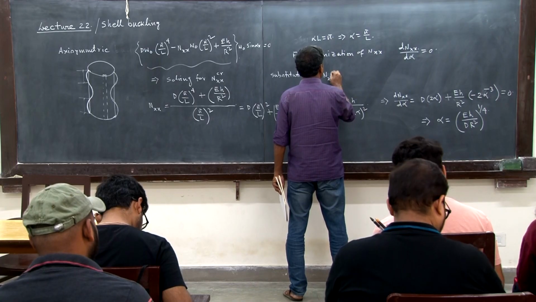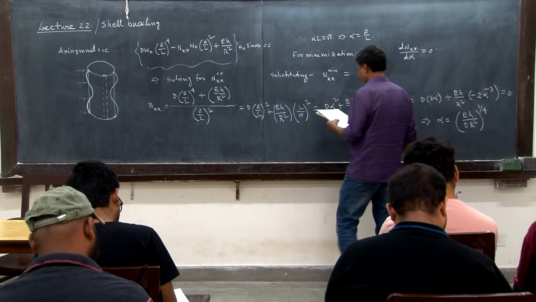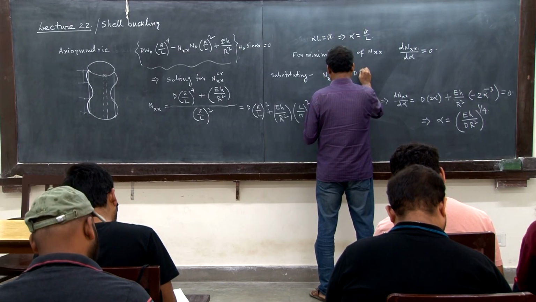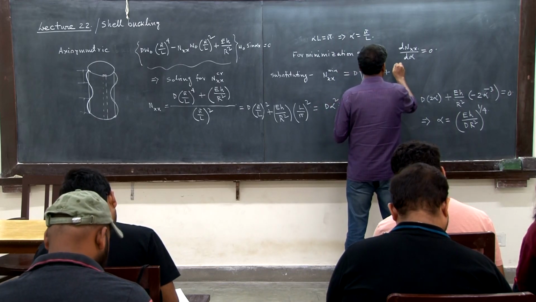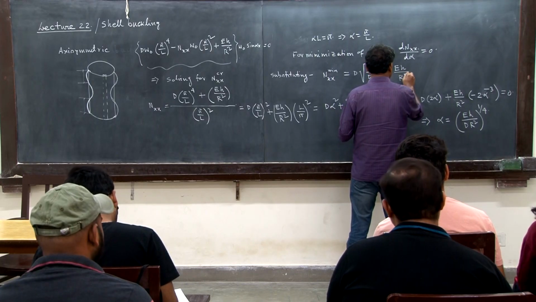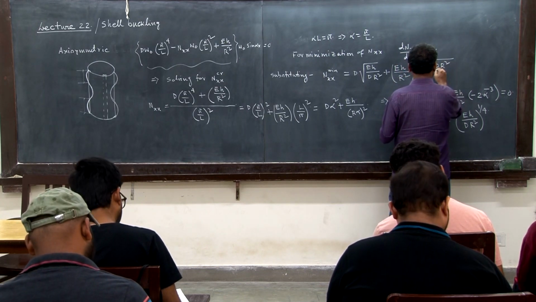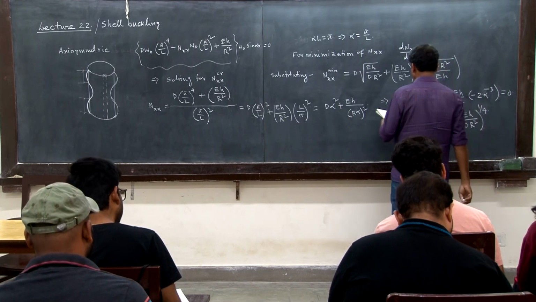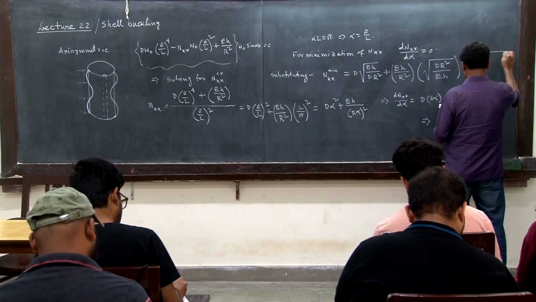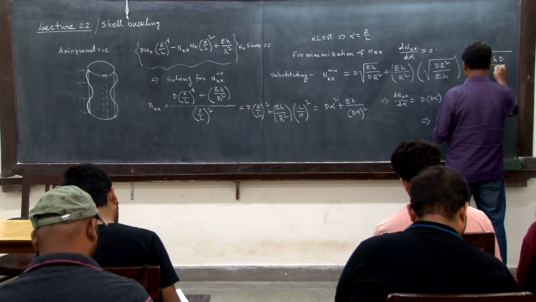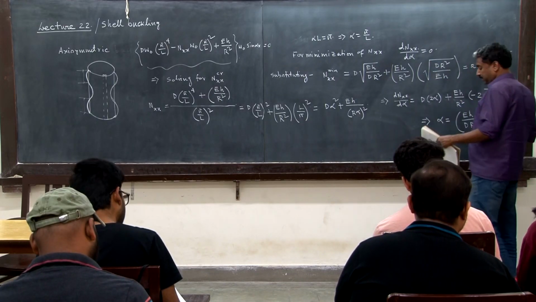So N_xx minimum or critical, this value will be, if we simplify it, this you will get 2. So that is the expression you are going to get.